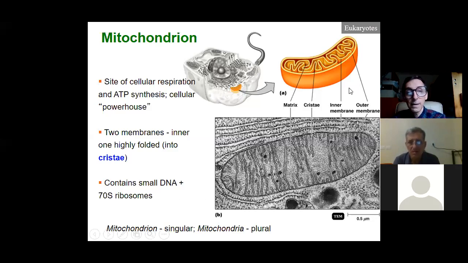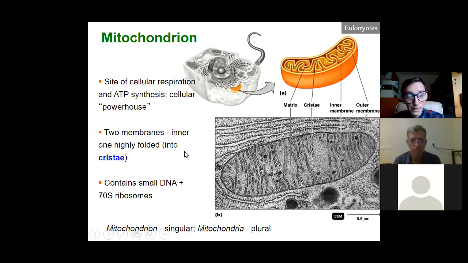The inner membrane is highly folded to give lots of surface area, and it's the inner mitochondrial membrane that engages in the third stage of aerobic respiration, where the electron transport chain occurs along and across the inner mitochondrial membrane. Inside the matrix is where the Krebs cycle happens in a eukaryotic cell. Glycolysis, of course, does not happen in the mitochondria. It happens in the cytoplasm.